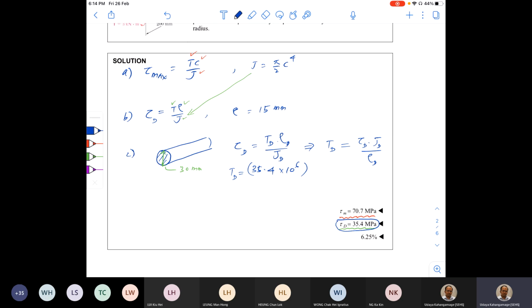This is tau d, and then Jd is the polar moment of inertia of the inner core, within the 15 millimeter radius core.